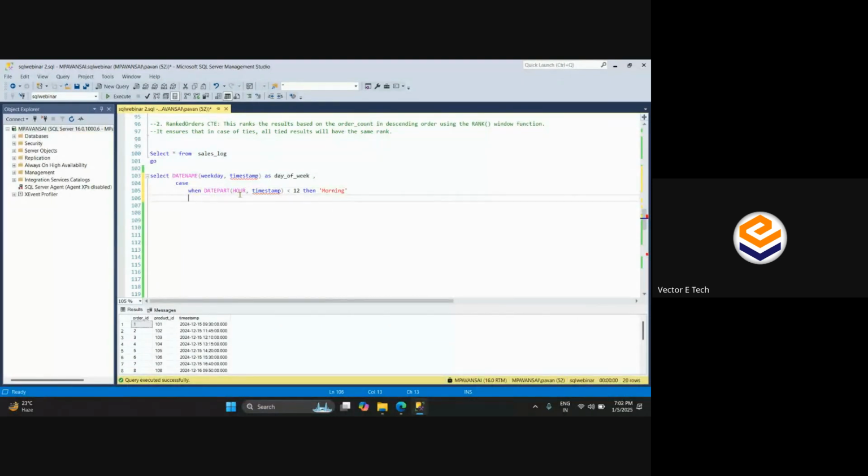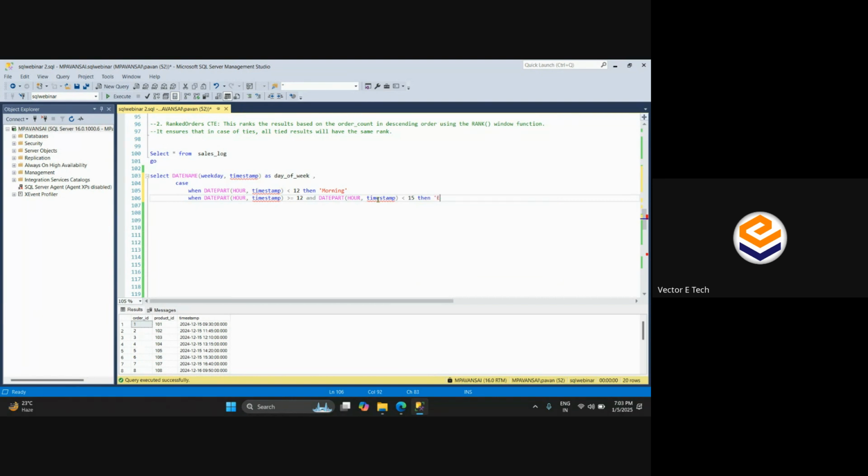Morning, right? When the date part of hour related to the timestamp column is greater than or equal to 12, and my date part, if it is less than 15, then what do we call it as?